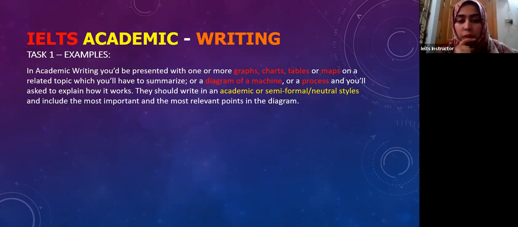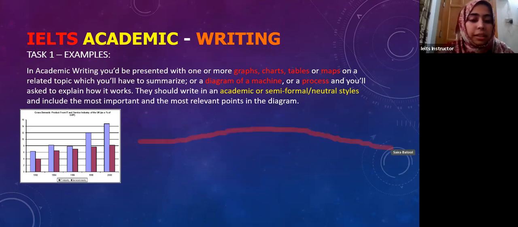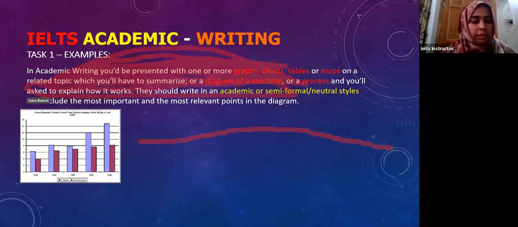You can be presented with one graph or more than one, and it could be about a machine or a process, anything, and you have to write a summary of that in a formal or semi-formal tone. The graphs should look like this. They are majorly a comparison between two quantities or two countries, things like that.